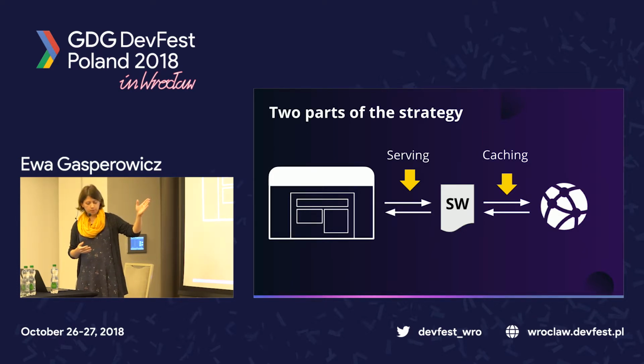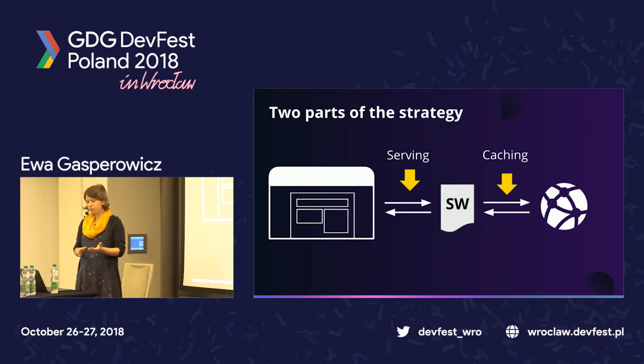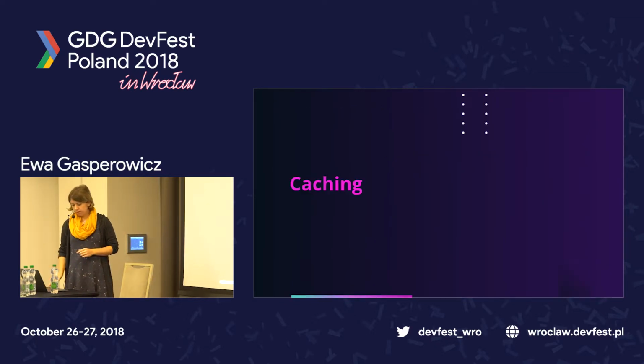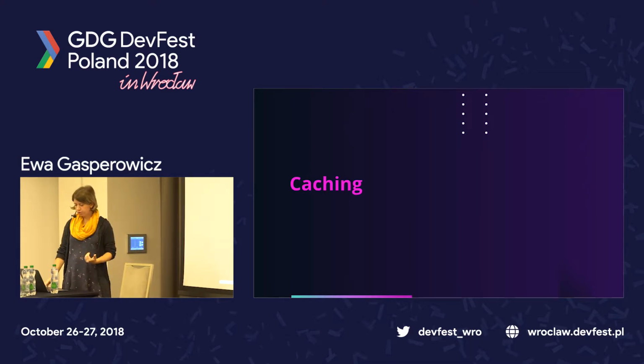There is the caching part, which means where service worker gets its resources from, how it communicates with external entities. And then there is the serving part, which means how service worker is sending the content back to the website. Let's start with caching, right? With getting those resources into your browser and into your system.